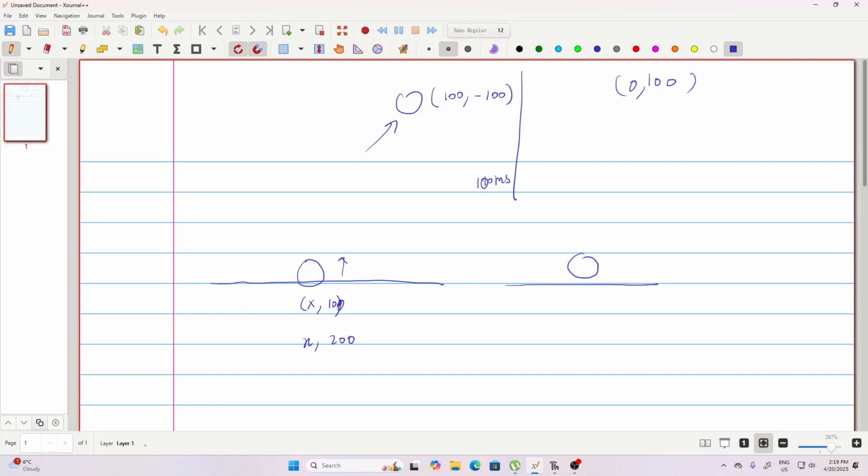So we'll add only 10% of it, which will be 10. The next frame the velocity will be 100 and minus 90, and the next frame it will become 100 and minus 80.